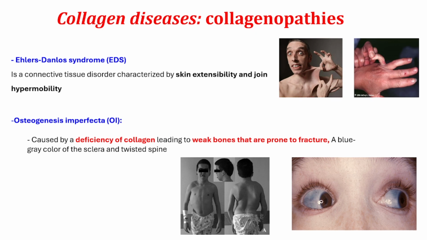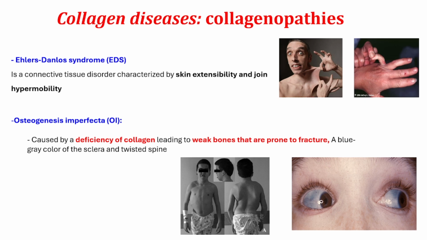I told you try to stretch your skin, you cannot. So these people, because they are deficient in collagen, they can do that. Even for the joint hypermobility, they can flex their joints very easily, without any resistance.